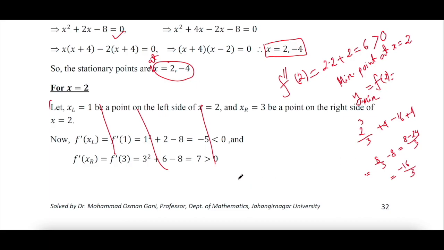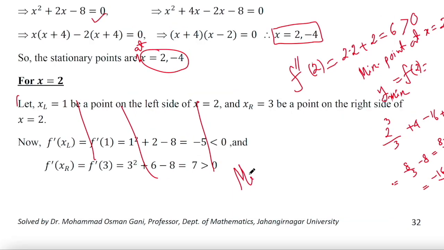So the minimum point has x coordinate 2 and y coordinate minus 16 by 3. We can write this as: y min, the minimum value of y, equals minus 16 by 3 at x equal to 2.